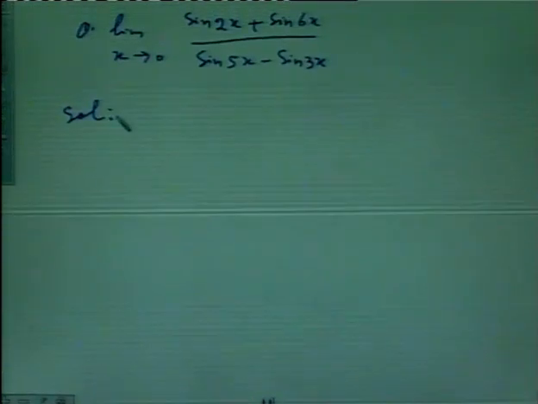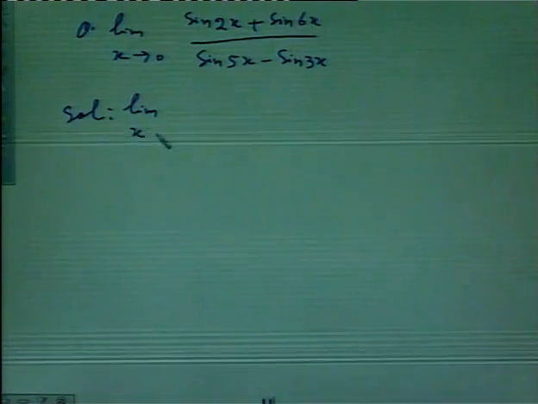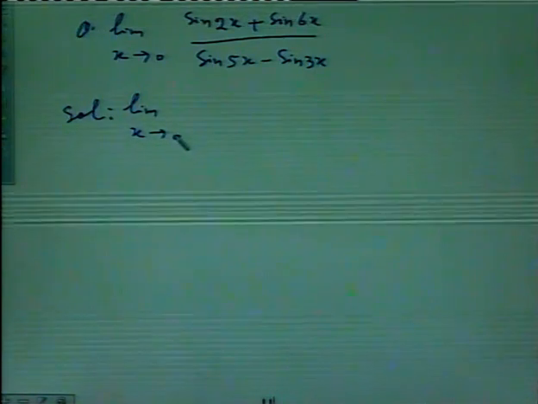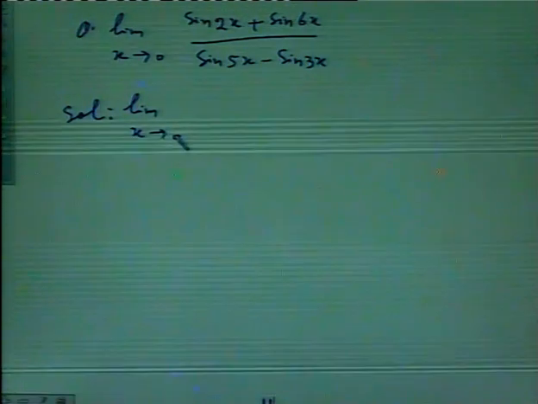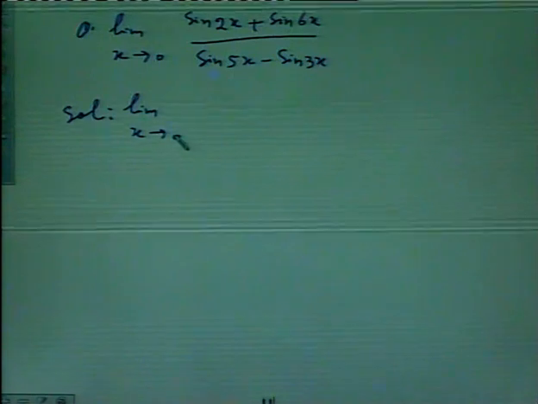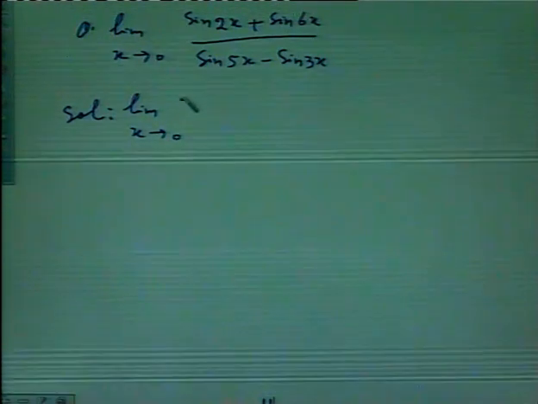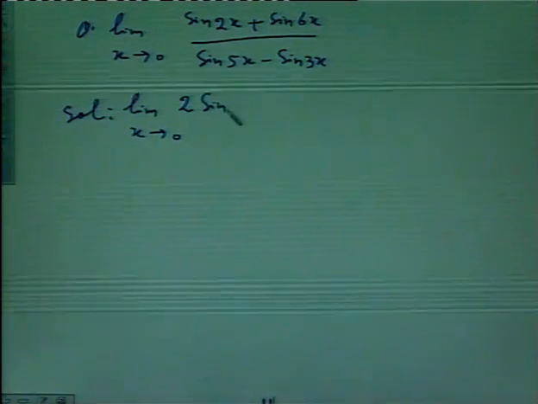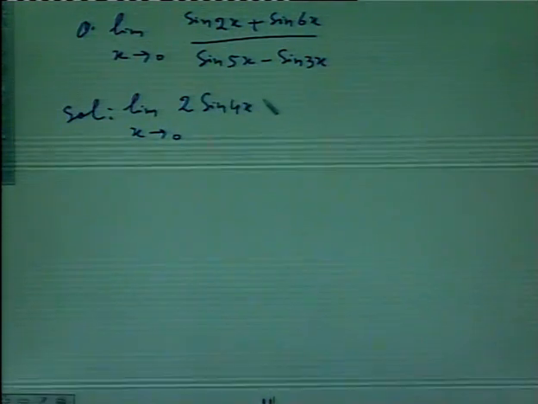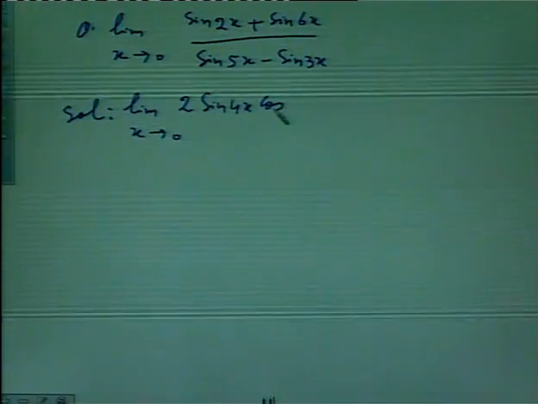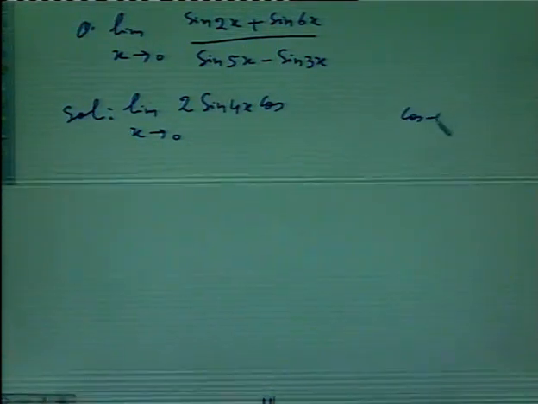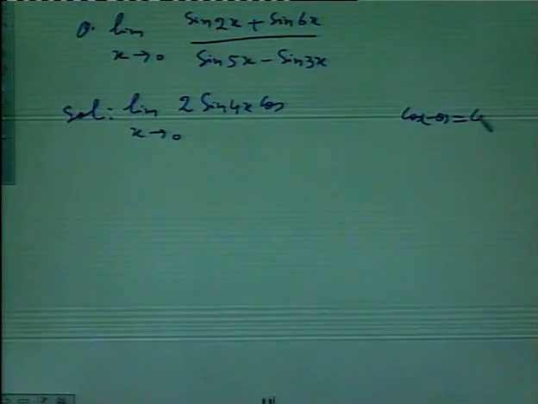we apply the formulas for trigonometry, sin c plus sin d. In the numerator we have sin c plus sin d. According to this, it becomes 2 sin (c plus d) upon 2, which means 2x plus 6x, it will be 4x, and cos (c minus d) upon 2, c minus d becomes minus 4x, but cos of minus theta is always equal to cos theta.